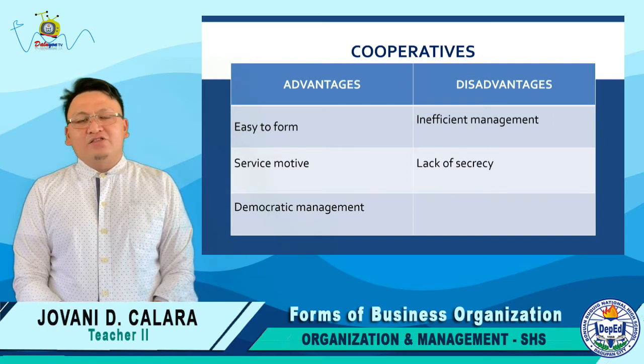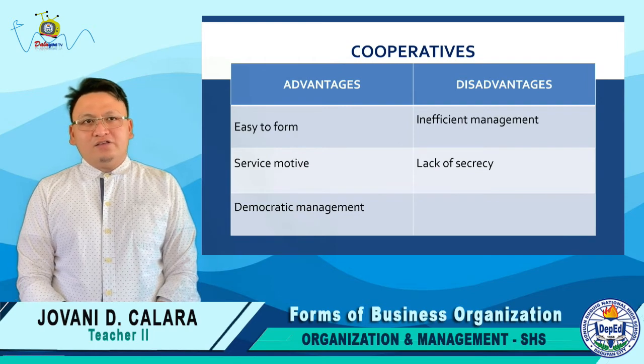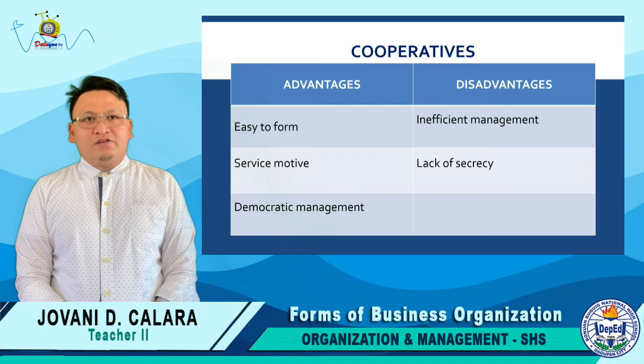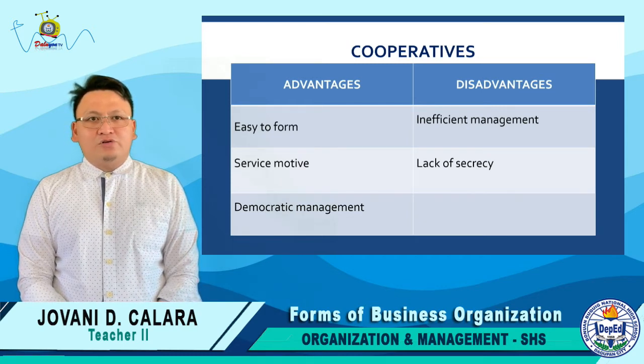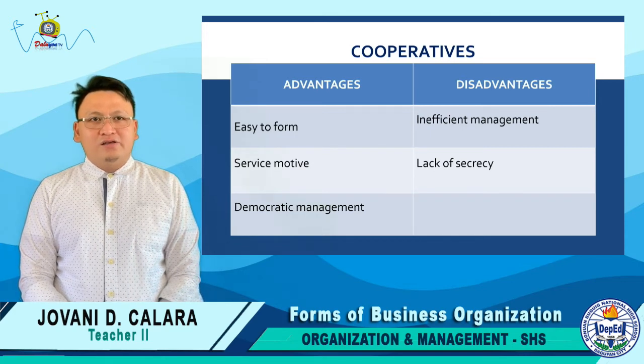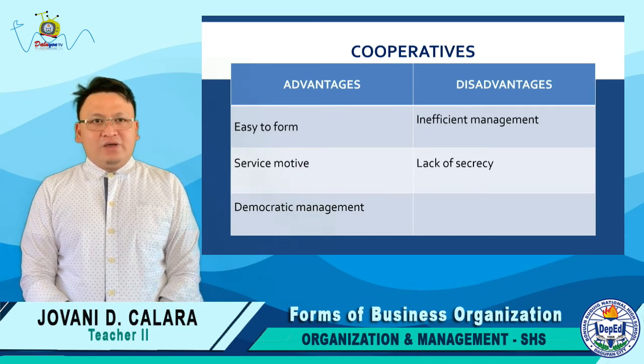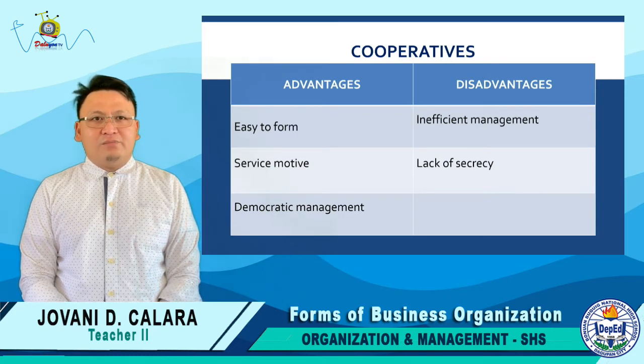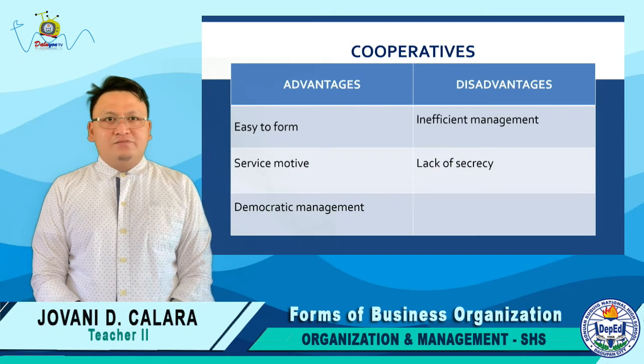Advantages. Number 1, easy to form. Number 2, service motive. Members are provided with better goods and services at reasonable price. Number 3, democratic management. Cooperative society is managed by members elected from among themselves.